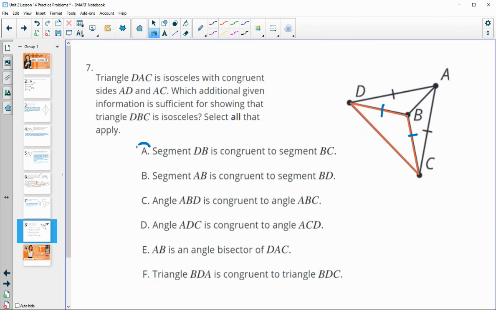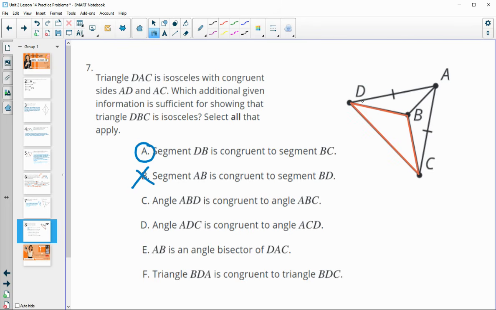It certainly would. It has two sides that are equal in length, so by definition that would be isosceles. If we knew that segment AB was congruent to BD, would that prove that this orange triangle is isosceles? That would actually just give us that this triangle is isosceles, which isn't what we're trying to prove. So that is not helpful.